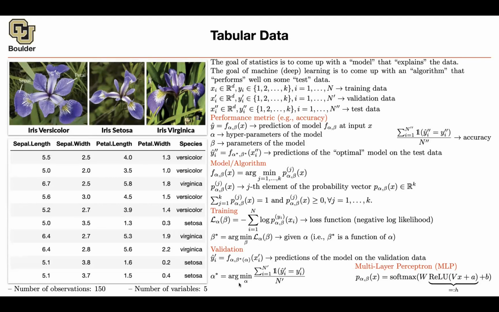You come back, you change alpha, another round of training. And this for loop, once it is done, it's done. You find alpha star and beta star. And then it's game over. So there is going to be a for loop on alpha. There is going to be another for loop on beta. And the for loop on beta is the inner for loop. For alpha in a set, for beta in another set, do the training.